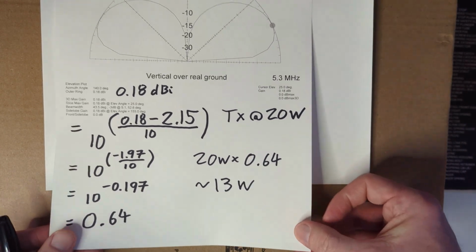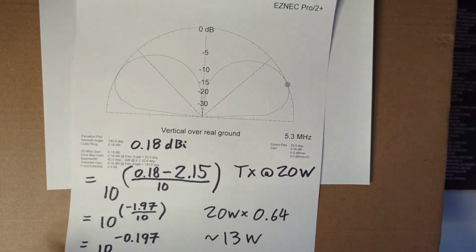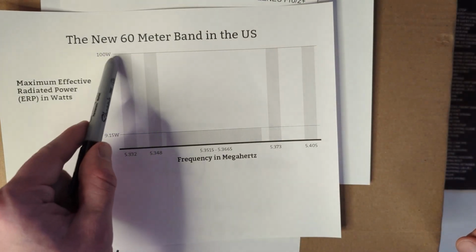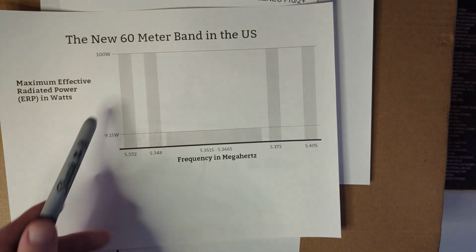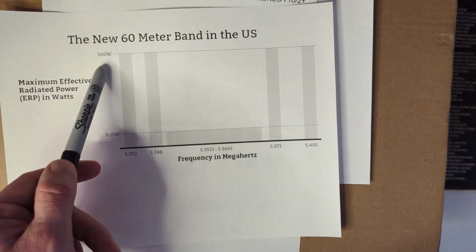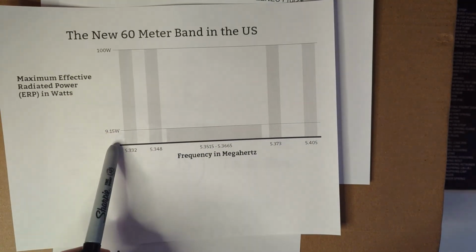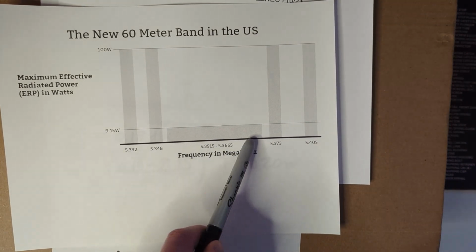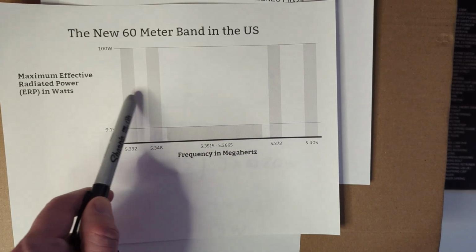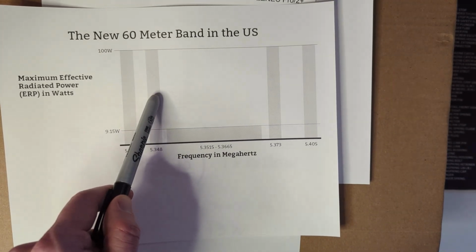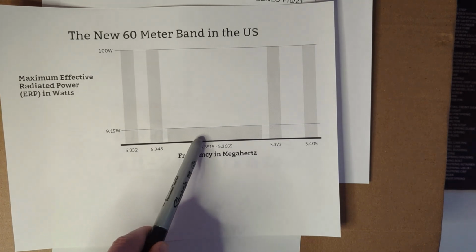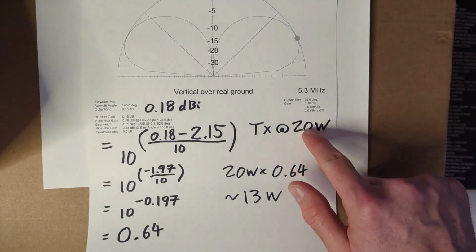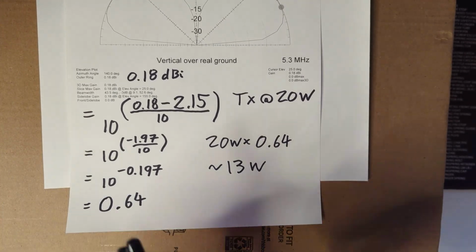And 13 watts, remember, is good for the 4 channels here, because 13 watts is less than 100 watts, but it's not good by the 15 kilohertz wide band here. So I can use these channels, and indeed I can use a lot more power on these channels if I want to, but I can't use this 15 kilohertz wide band at the 20 watt power setting on my transceiver.